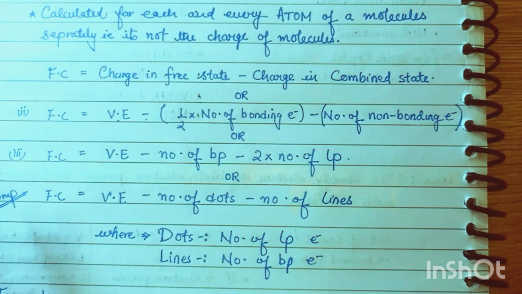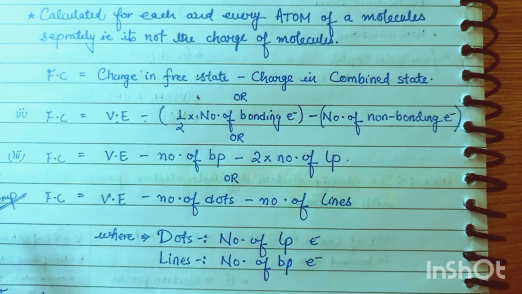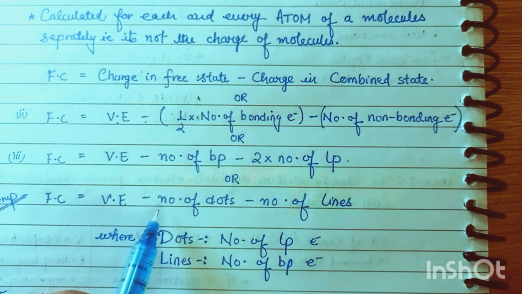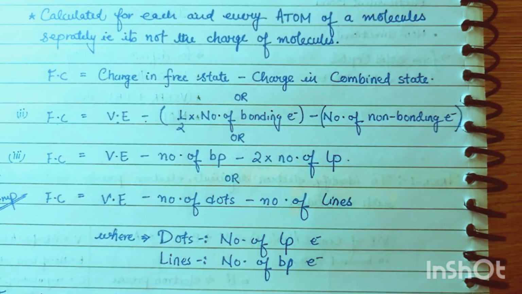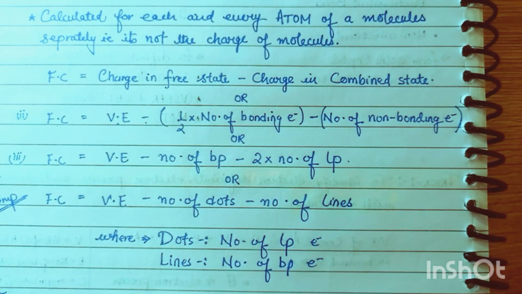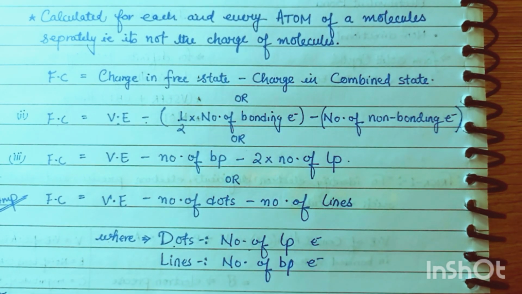Another formula that I suggest you use while solving MCQs or board examination questions: formal charge is equal to valence electrons minus number of dots minus number of lines. So simple, my dear student. The dots are the number of lone pair electrons.